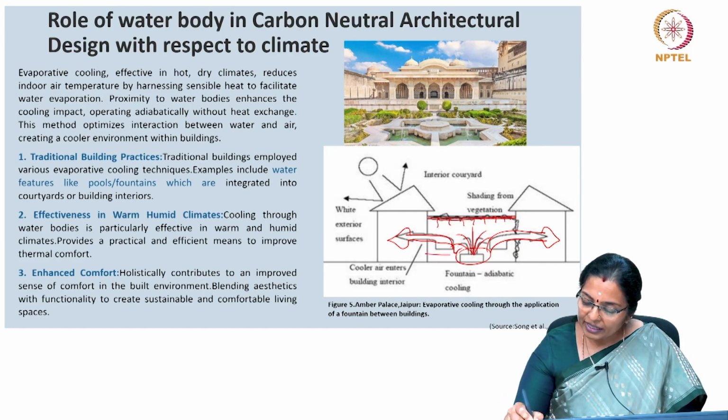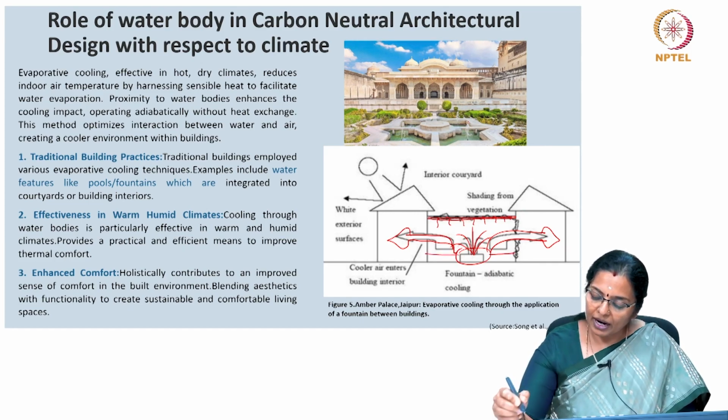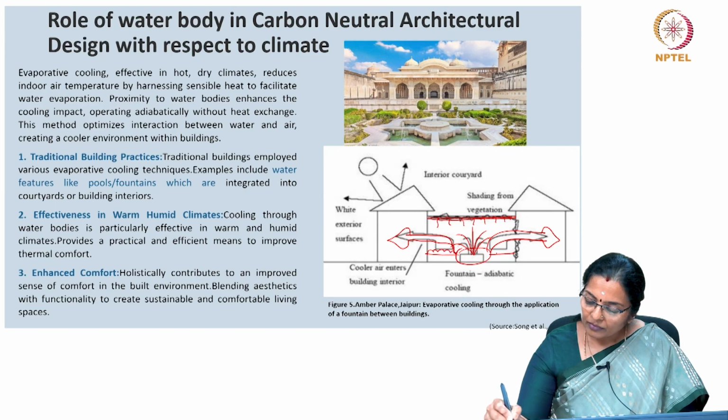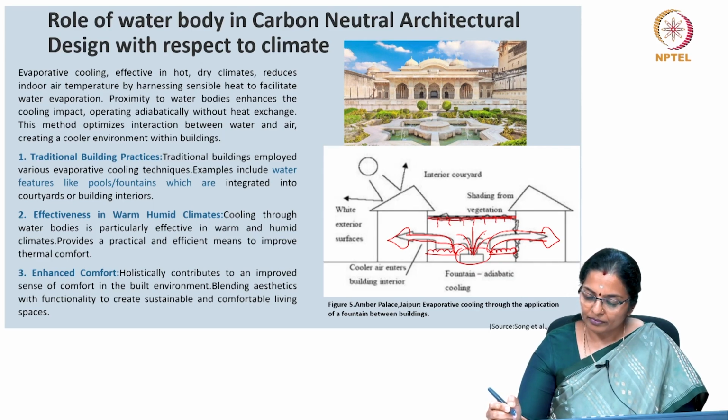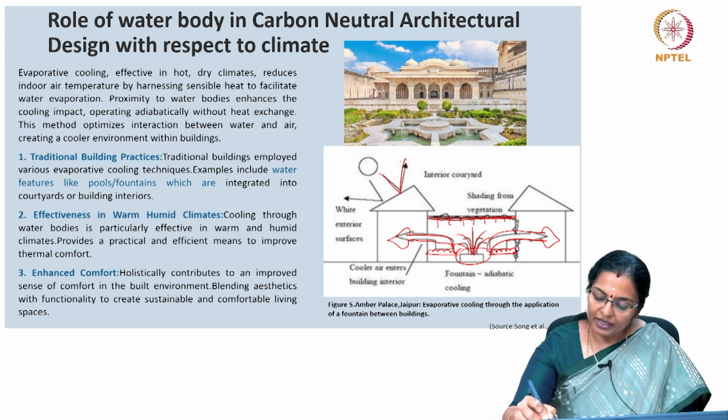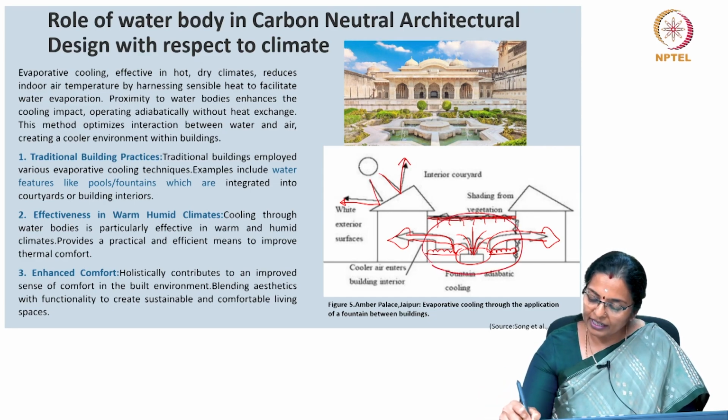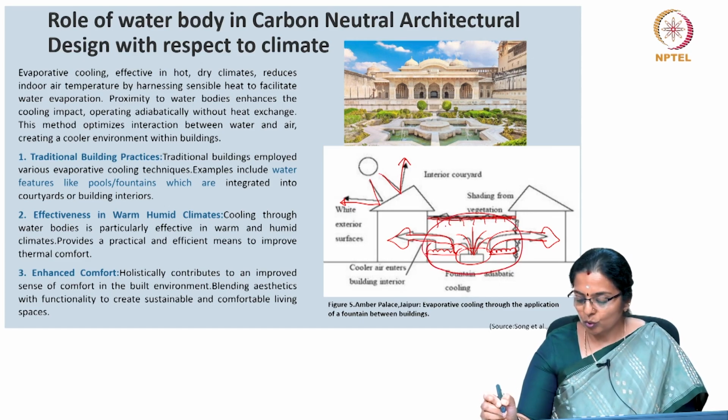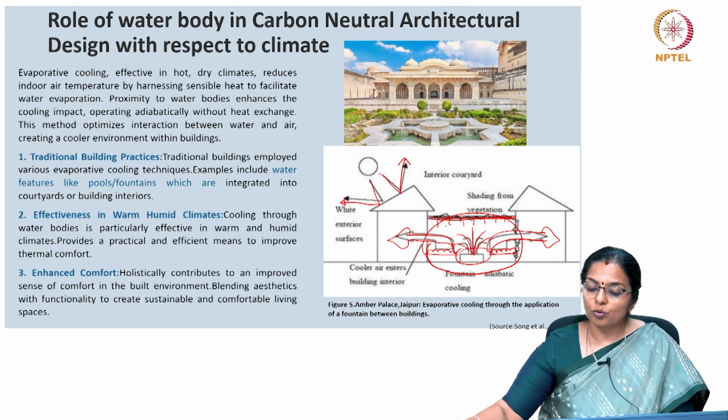The entire interior courtyard had plants which reduced the heat due to reflection, and the buildings were made up of light colored sandstone. The surfaces were reflective because they were light in color, and the water body in the interior courtyard served to cool the air that would eventually enter the rooms around.